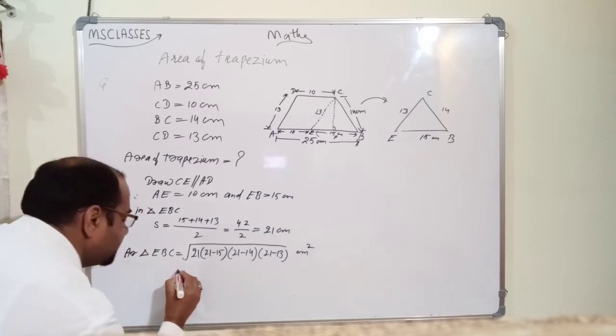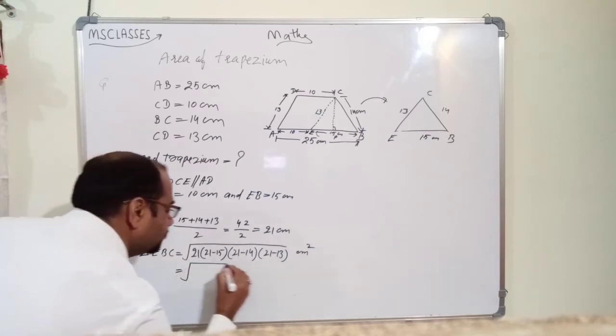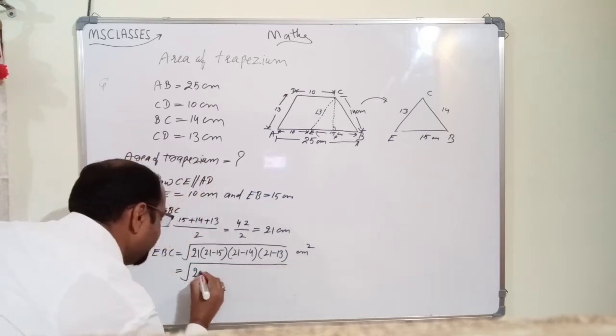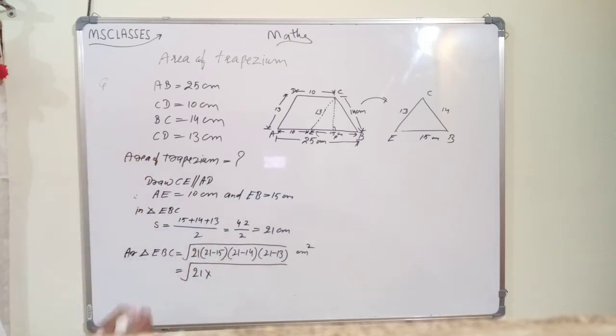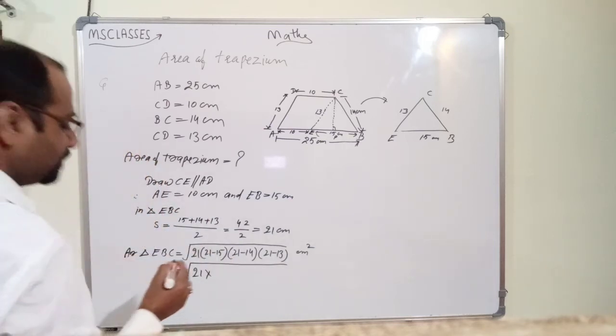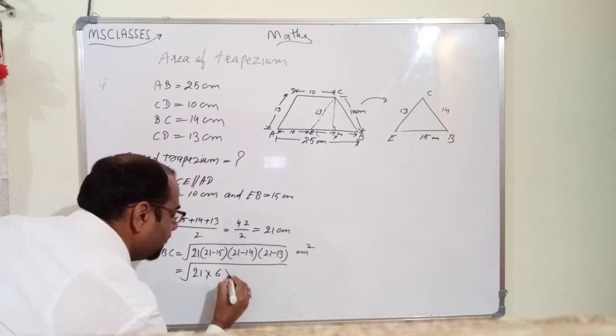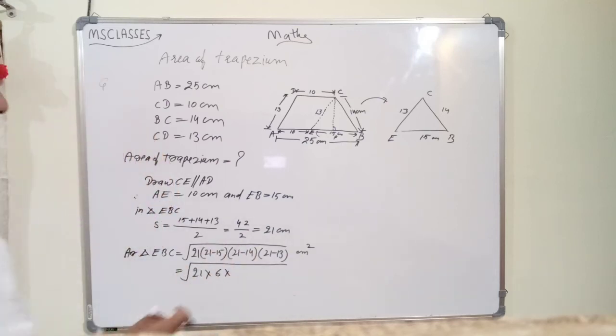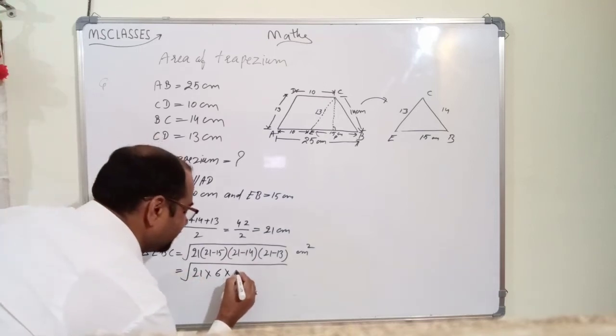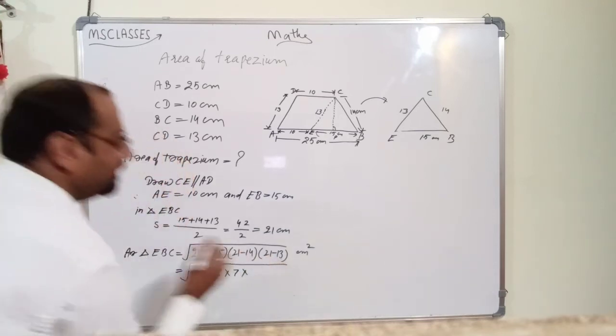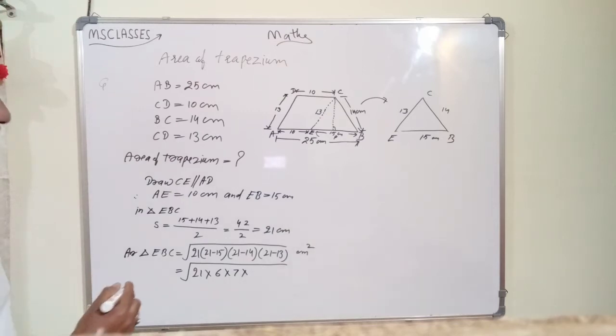Okay, and this is equal to 21 into 15 minus 21, this is equal to 6, and 21 minus 14, this is equal to 7, and 21 minus 13, this is equal to 8.